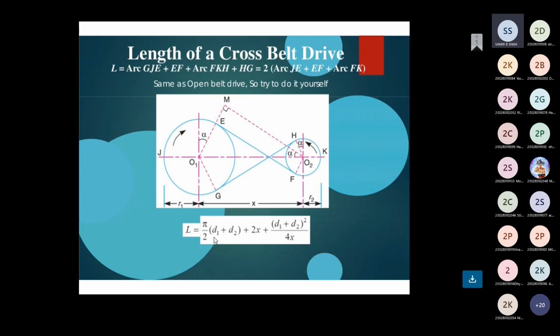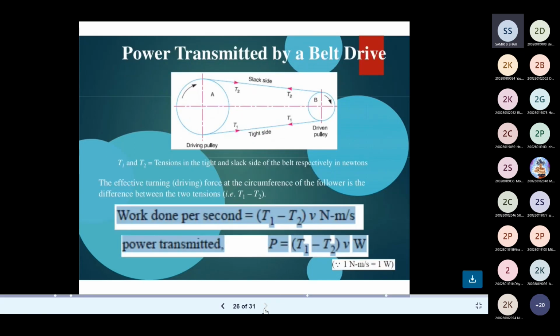Now, next point, that is power transmitted by a belt. You can see that diagram. The diagram is of the open belt drive, where the driving pulley pulls the belt from the lower side and delivers the power to the other side.